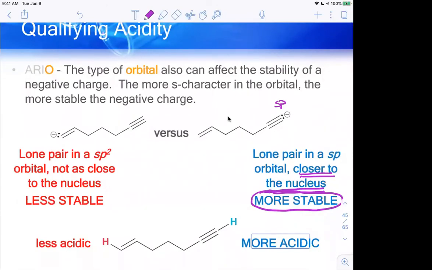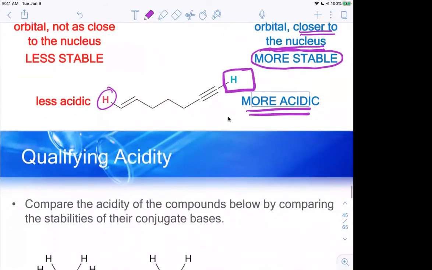That positively charged nucleus will stabilize the negative charge, more so in the sp orbital because it's closer to the nucleus. So this proton is more acidic than this guy based on the type of orbital that that pair of electrons is left in.